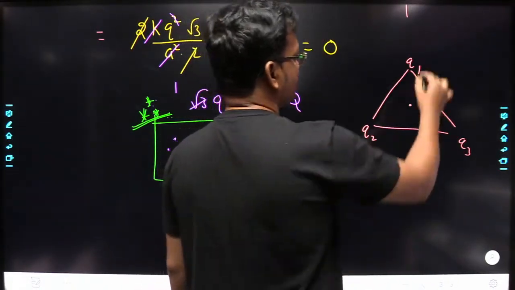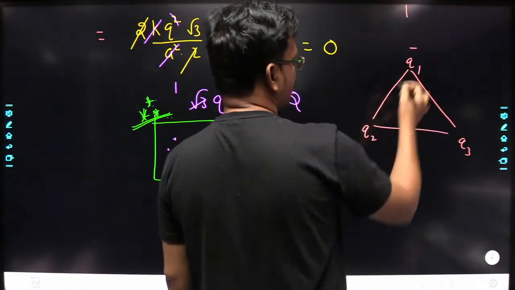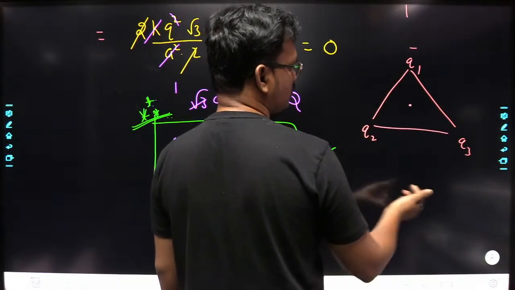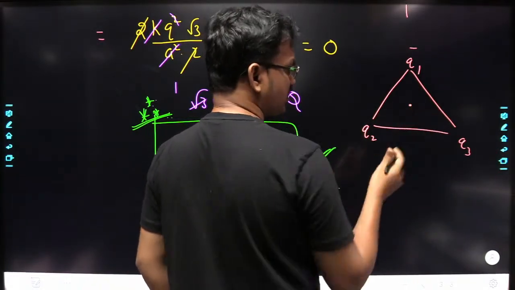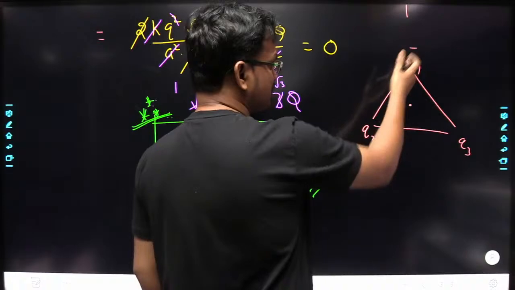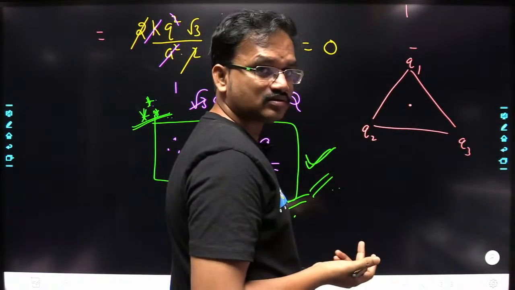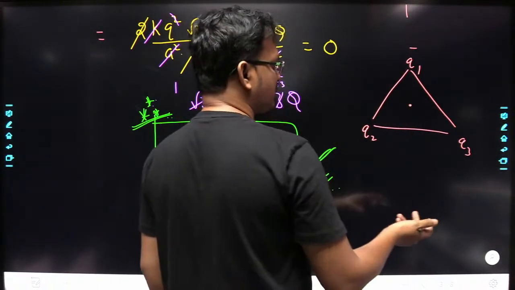If I take some value of Q1, some other value of Q2, and some other value of Q3, then the net force at this location cannot be equal to 0 if you take some random charges. Understood?